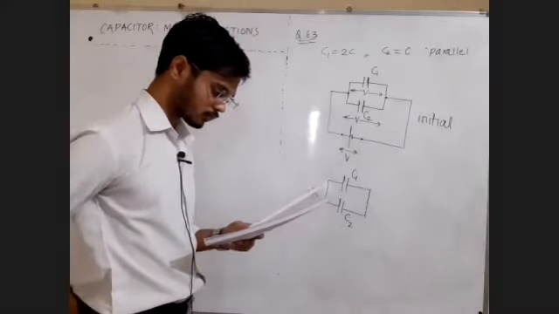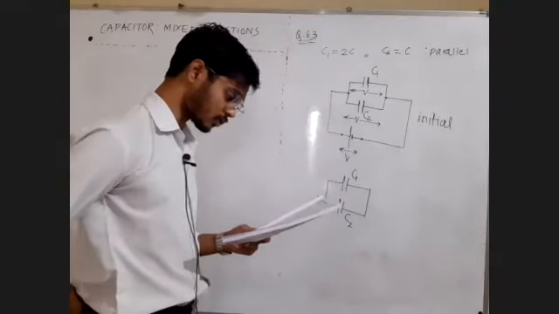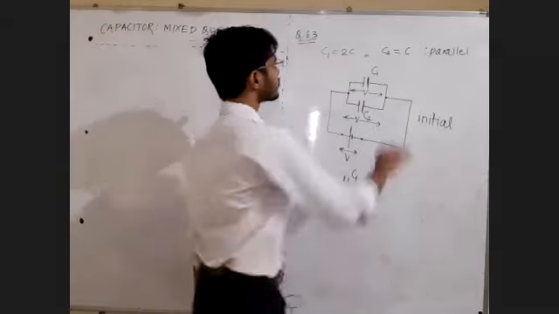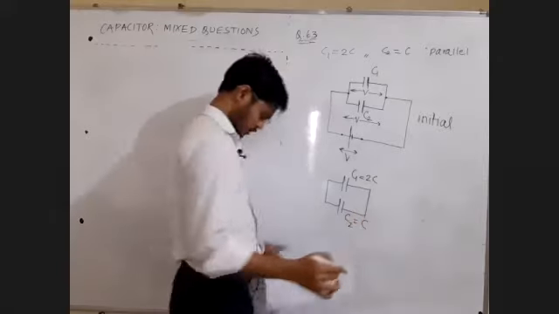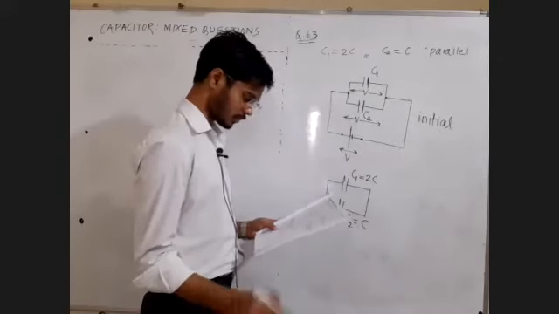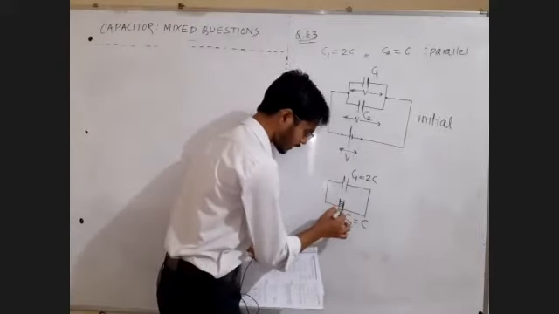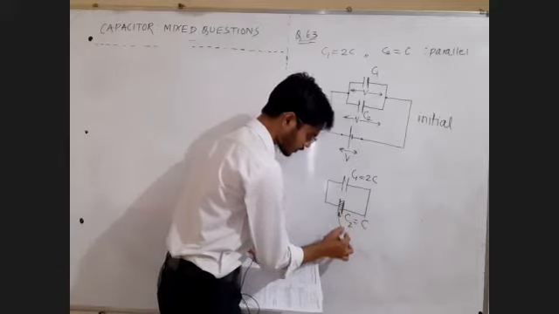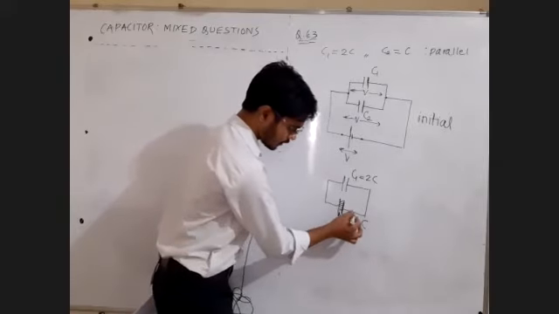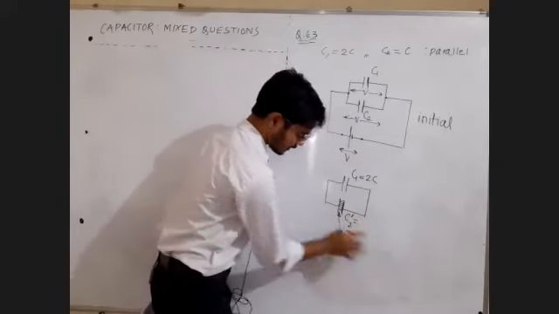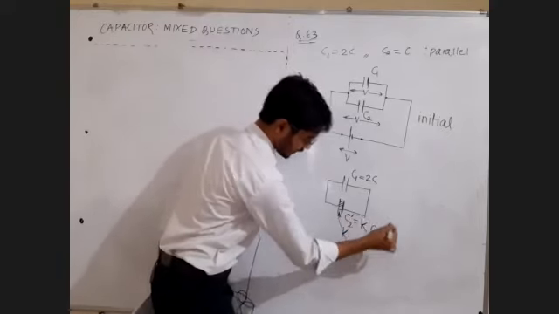The battery is removed and the capacitor of capacity C is filled completely with the uniform dielectric of constant K. C1 is equal to 2C, C2 is equal to C. The capacitor having capacity equal to C is filled with the dielectric, having dielectric constant equal to capital K. Now this new capacity will be equal to K times the capacity when there is air.